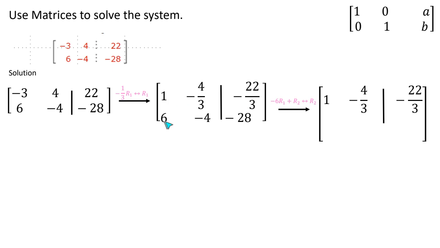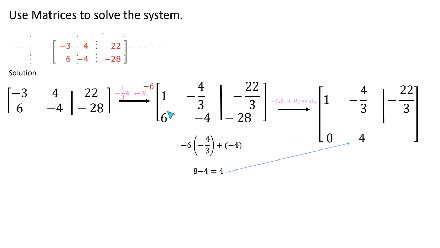Since I'm trying to change that second row, I'm not even going to do anything to the first row, so I just went ahead and wrote it out, okay? So now we can do the multiplication. -6 times 1 is -6, okay? Plus 6 is going to be 0. And then -6 times -4/3 is going to be a positive 8.